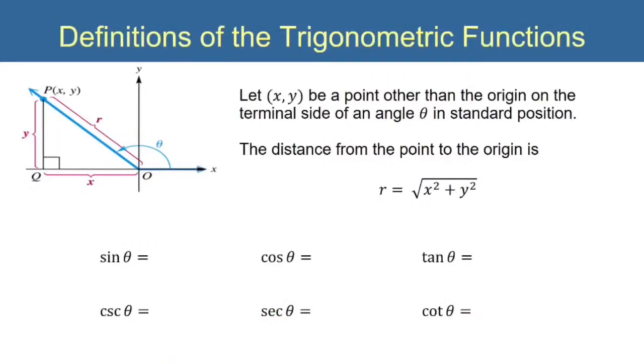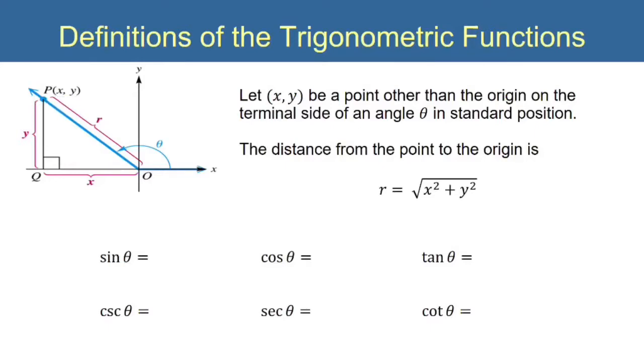Okay, so now let's get the definitions of the trig functions. Here I have a diagram for us, and notice that my angle theta is here. This angle theta is in standard position. That means that the vertex is at the origin and the initial side is on the positive x-axis. On the terminal side, I've got a point P, and that point P has coordinates x, y.